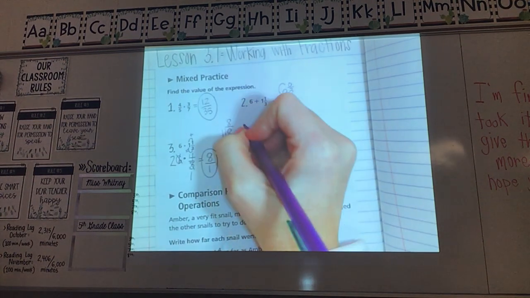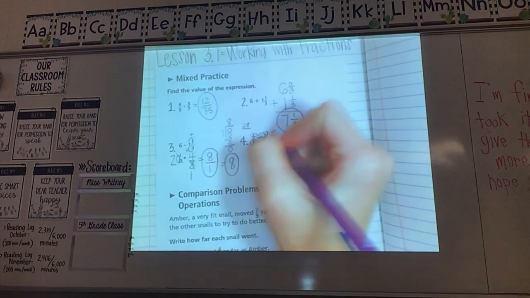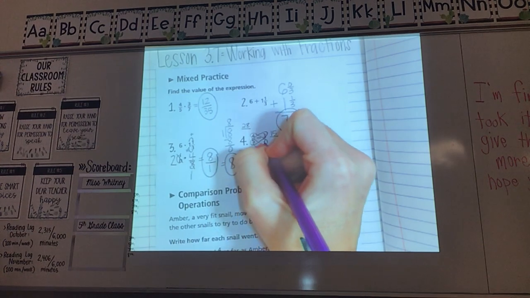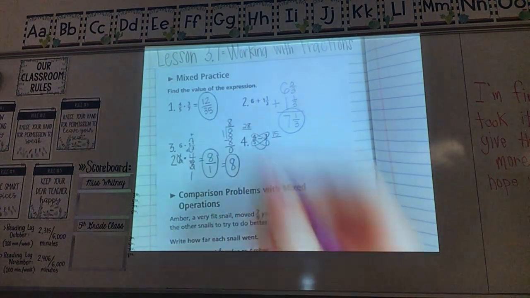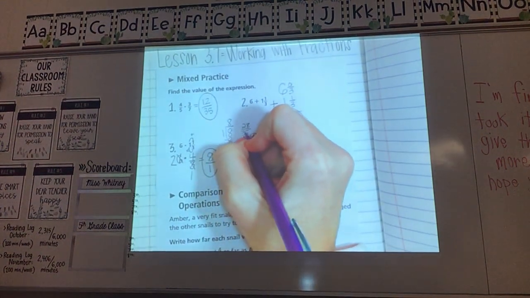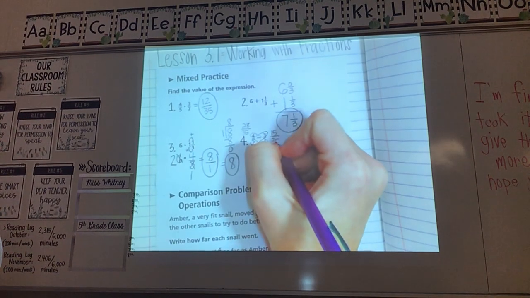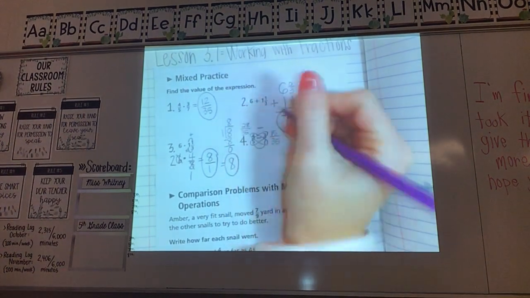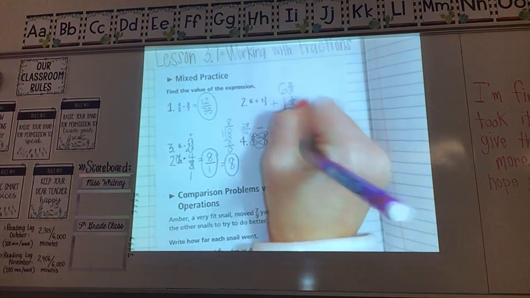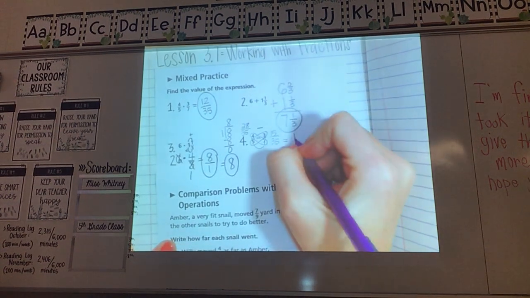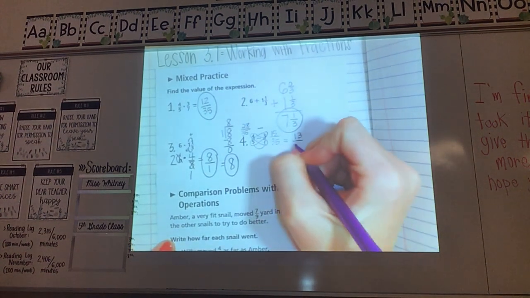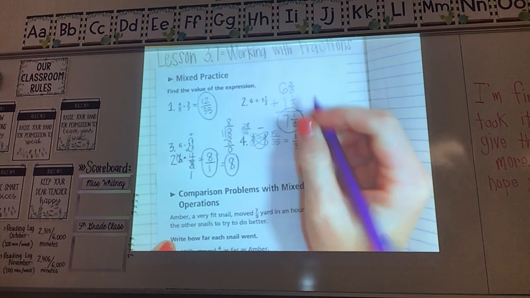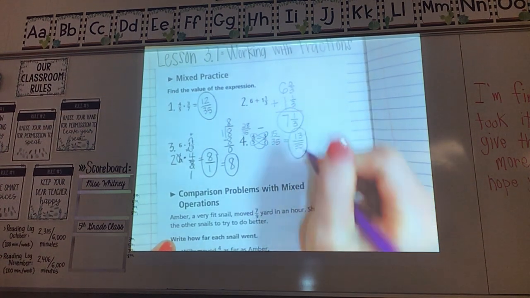That gives me a 28. And to get my bottom numbers, I do my 2 bottom numbers, 5 times 7, which is 35. So now I have the same bottom numbers, and I am subtracting 28 minus 15. That gives me 13. And remember, that bottom number stays the same when I add and subtract. So 13/35.